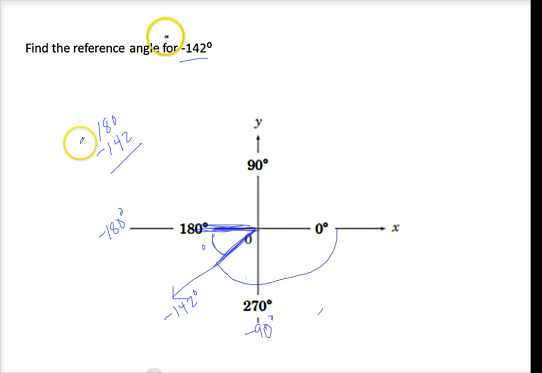Technically I could take negative 180 minus a negative 142 and take the absolute value, but this is much faster. When I subtract those, I get 38 degrees. So you're just finding out how far the angle is from the x-axis. The reference angle for a negative 142-degree angle is 38 degrees.